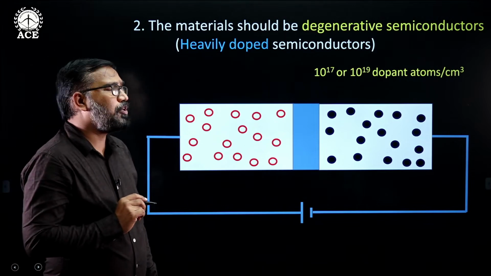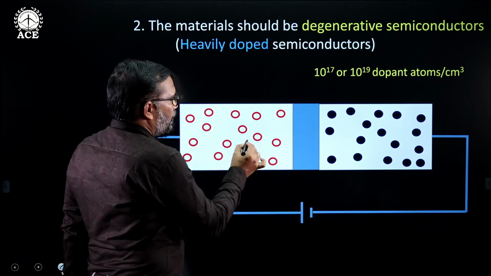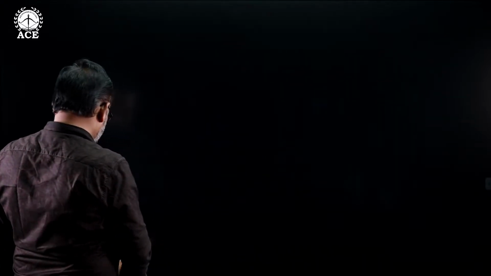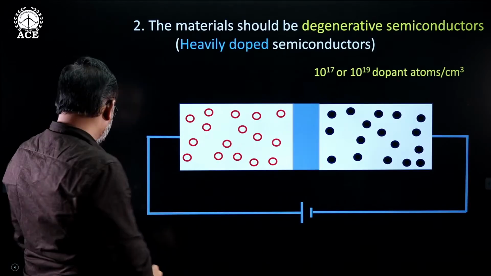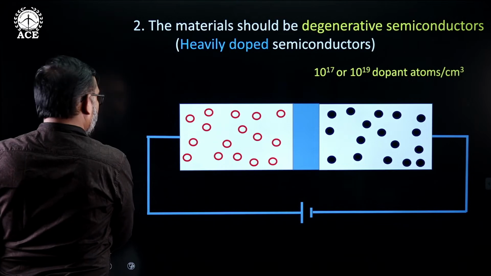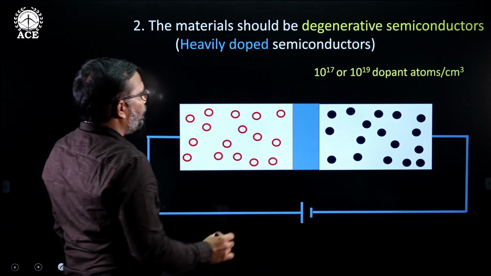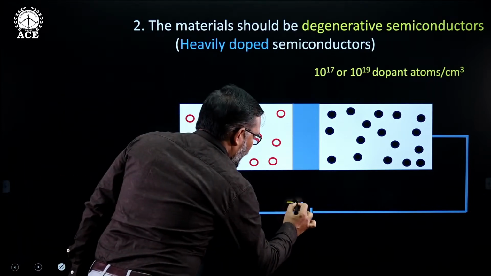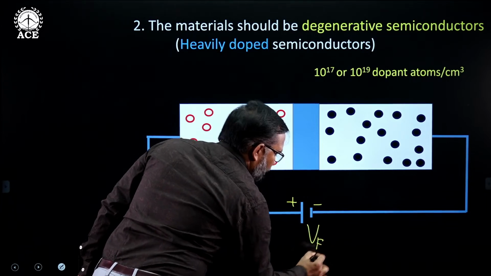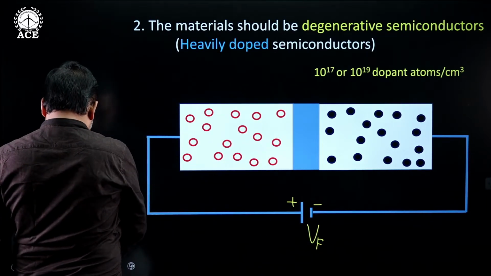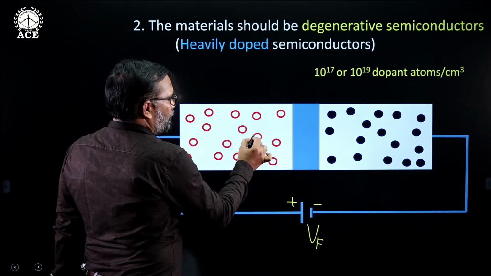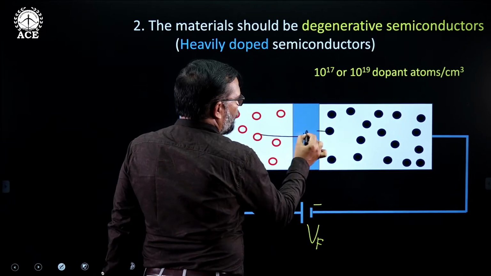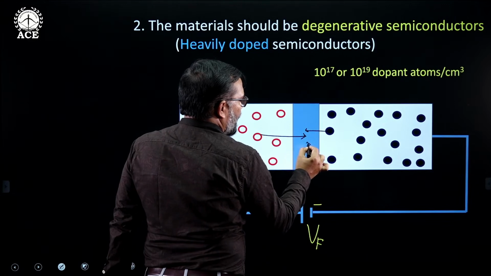What happens when the diode is operated in forward bias? When we give a forward voltage, the holes are driven towards the junction, and the electrons are driven towards the junction.